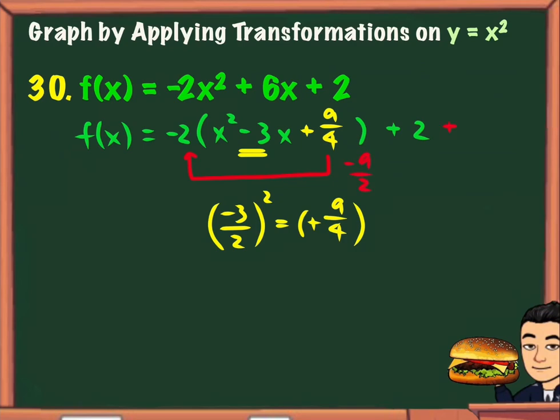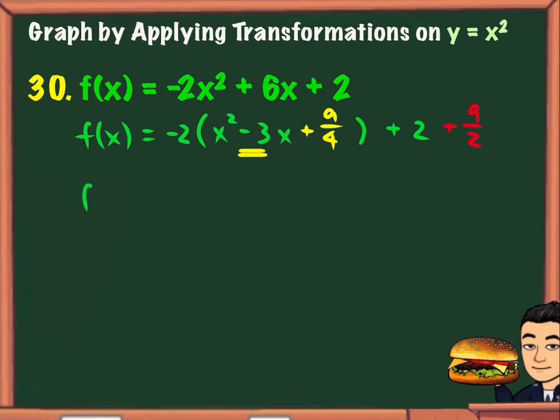So you want to add 9 over 2 outside of the parentheses. So let me put this in the vertex form. We got -2 multiplied by x minus 3 halves squared plus 13 over 2.